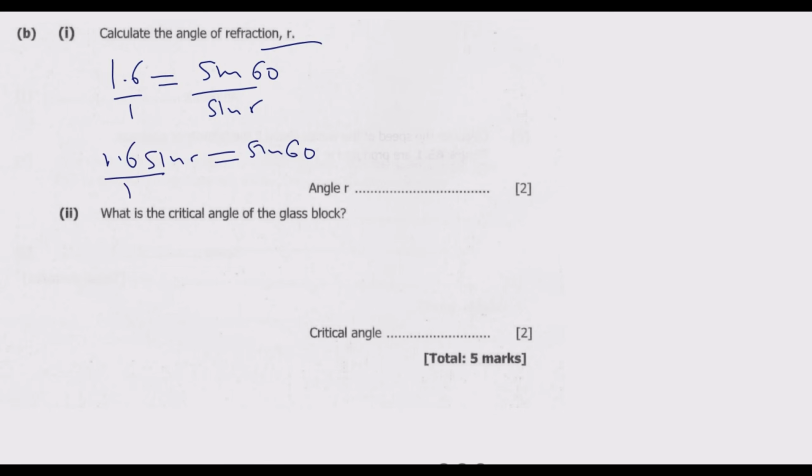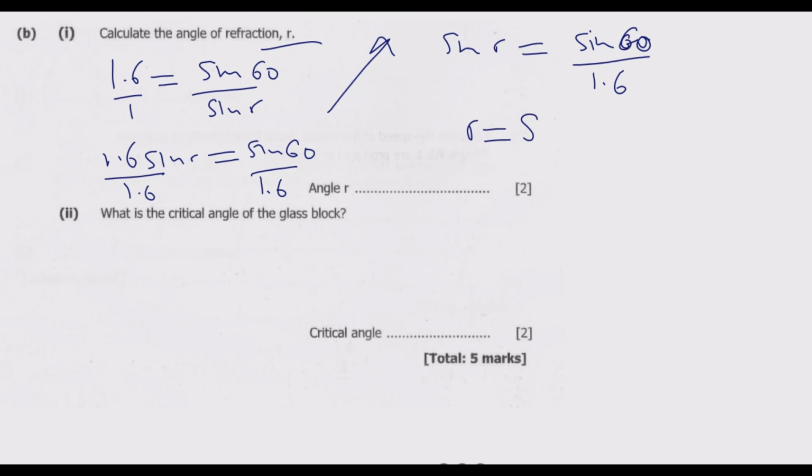Then we divide by 1.6, so sine r is equal to sine 60 over 1.6. Then we solve for r by introducing the inverse of sine, so r becomes sine inverse of sine 60 over 1.6.